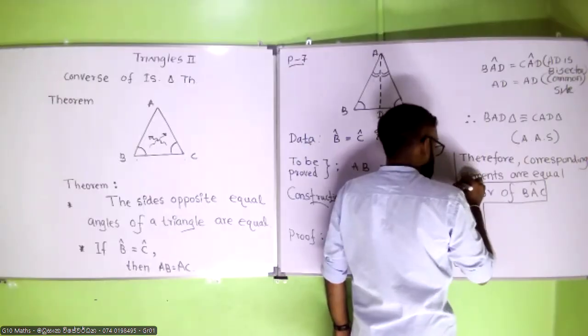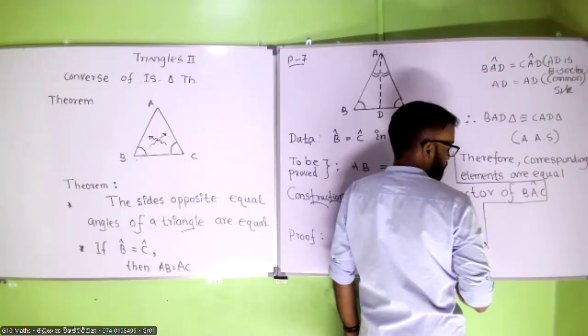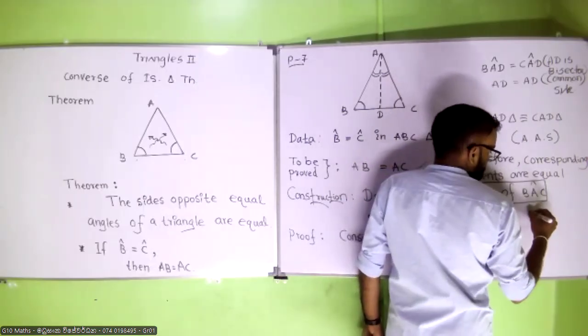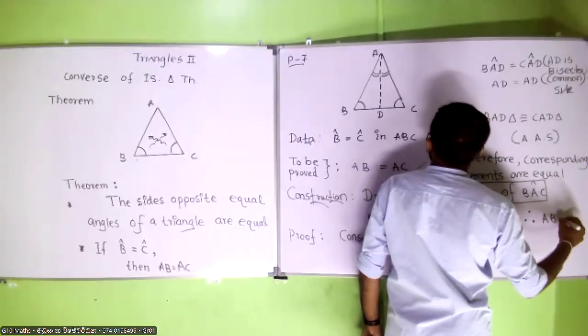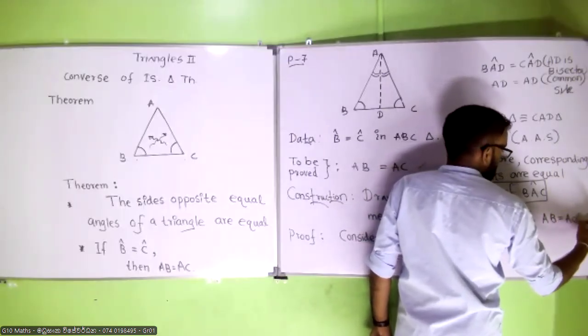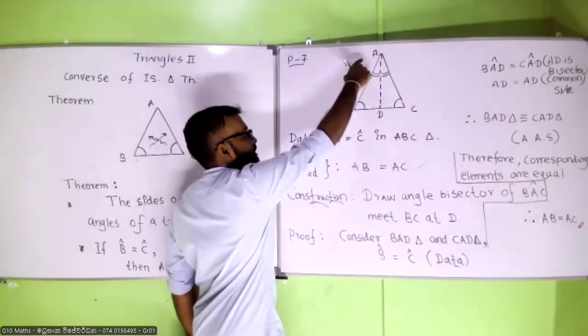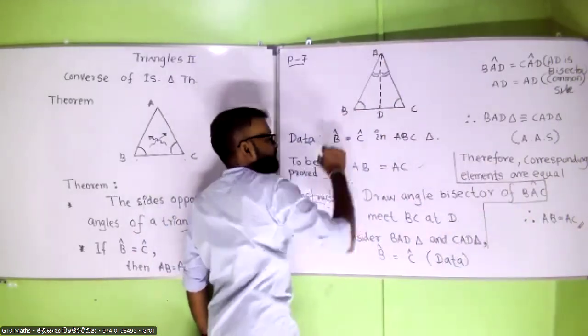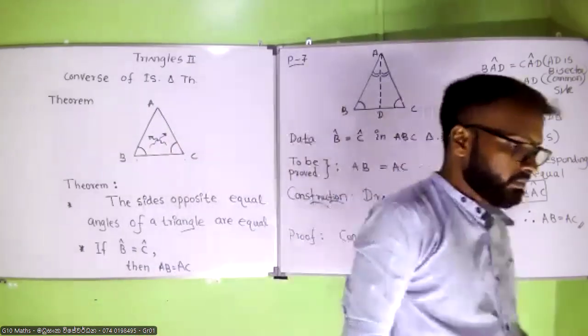Therefore, the corresponding elements are equal. Correct? Therefore, I can conclude AB equals AC. Since the corresponding elements are equal, I can say AB equals AC. So that is the proof. Done. Correct?